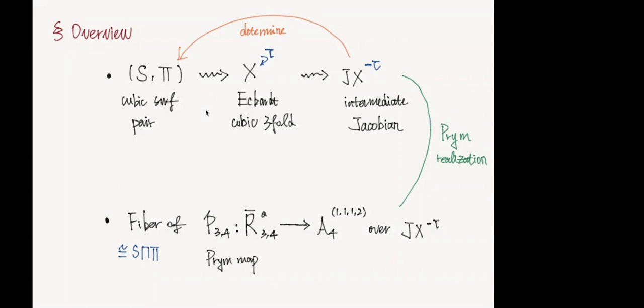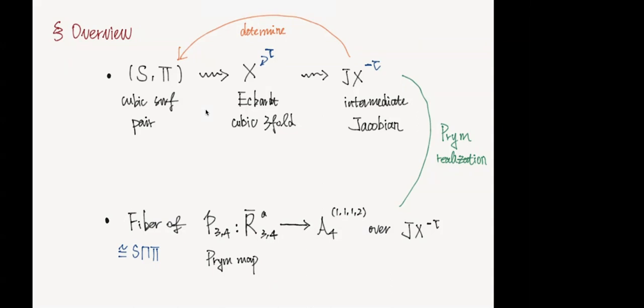We try to study this cubic surface pair basically using Hodge theory. Of course, there is no standard way to associate some Hodge structure to this cubic surface pair. So what we do is we first do some geometric construction. We get some cubic threefold X, which has some special geometric properties, so we call it Eckart cubic threefold.